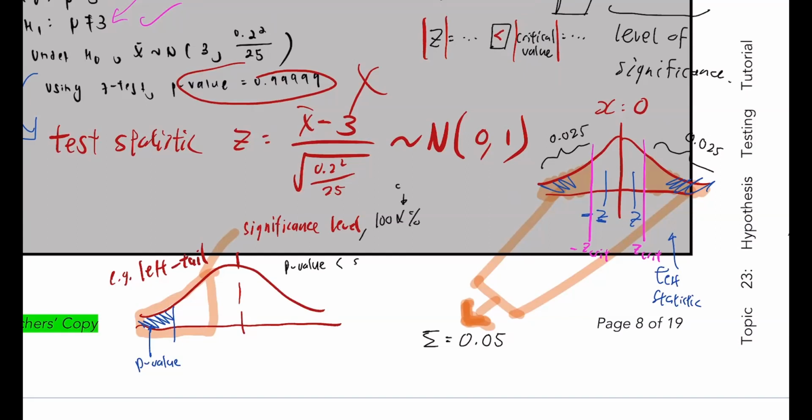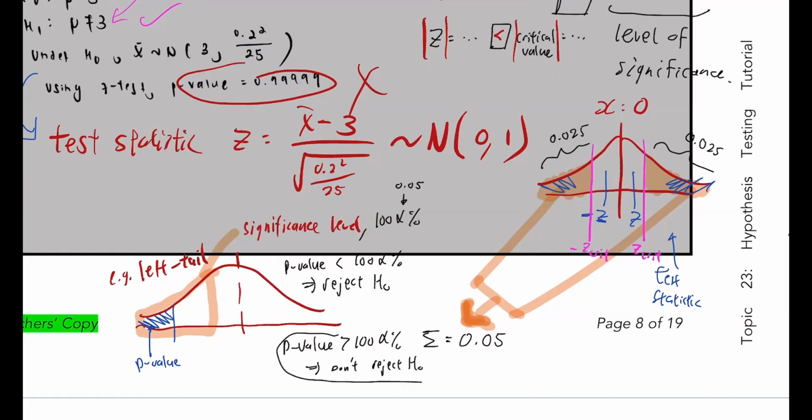My alpha is usually like 0.05, so 100 alpha percent is my version of 5%. If this is less than your significance level, you conclude that you reject H naught. Alternatively, if your p-value is more than 100 alpha percent, this means you don't reject H naught. Clear so far? Good.